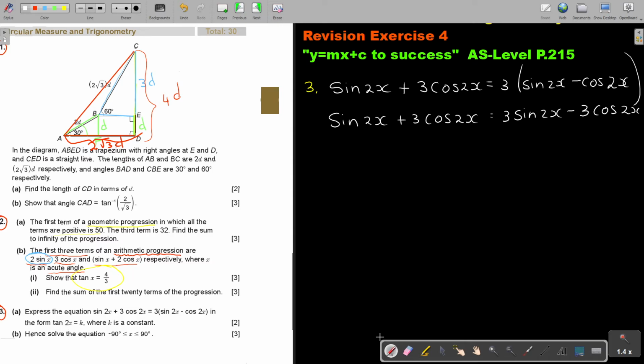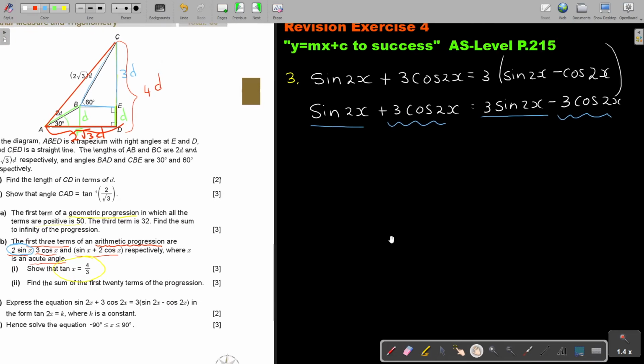Now, this is sin, this is sin, this is cos, this is cos. So I think the best will be to take the sin to that side. I always try to avoid negative. So then it's that 3 cos 2x. This one comes over, and it's another 3 cos 2x.